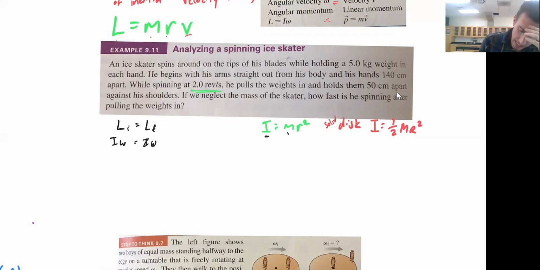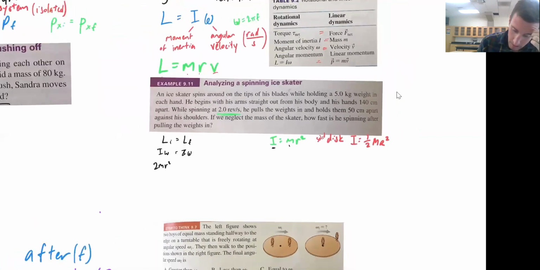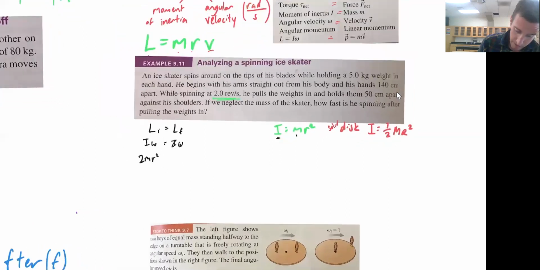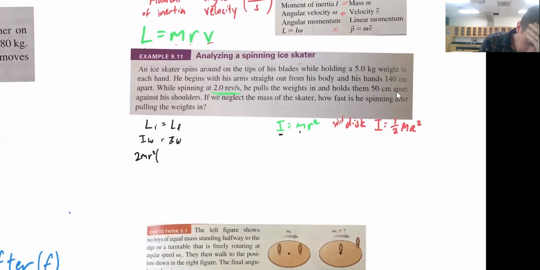So the I part is 2 times the mass times the radius squared, times omega, and omega is revs per second, which is 2 pi times the frequency.